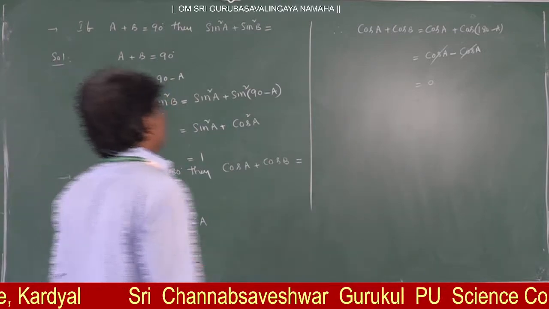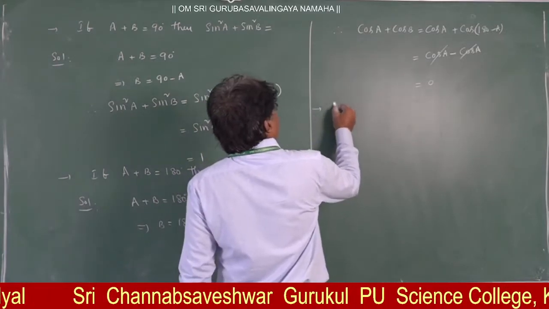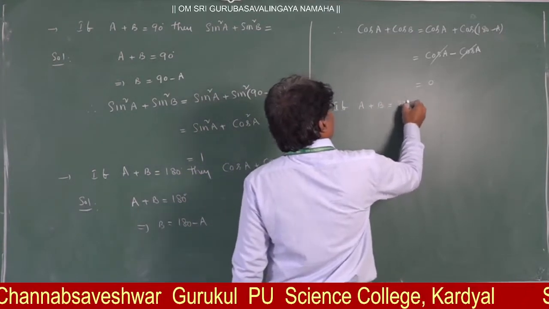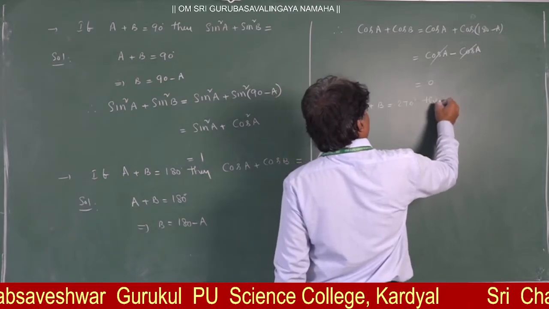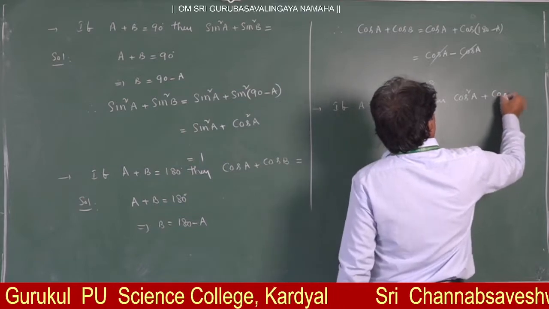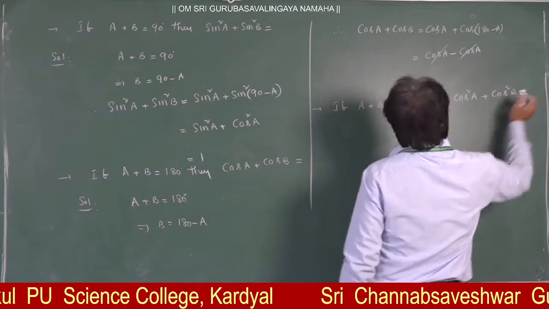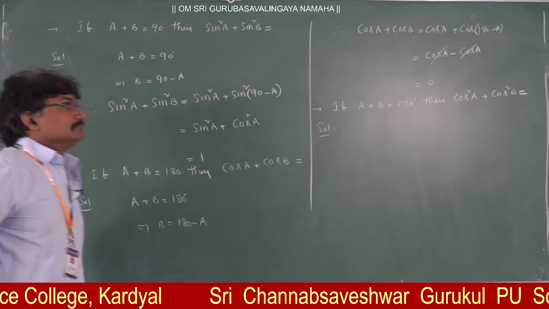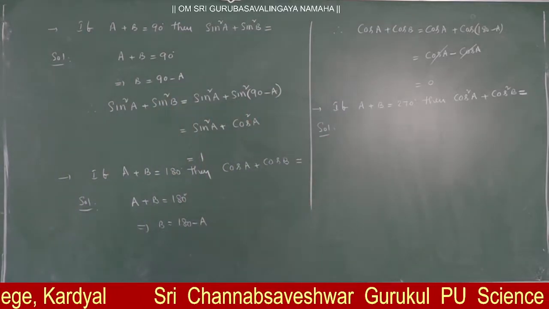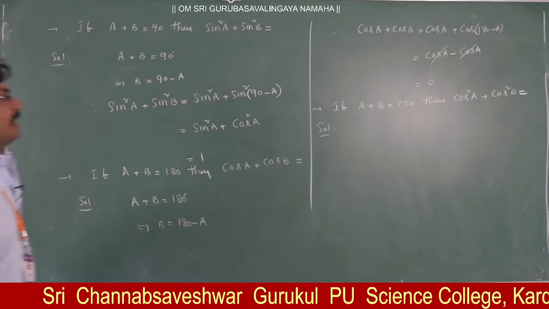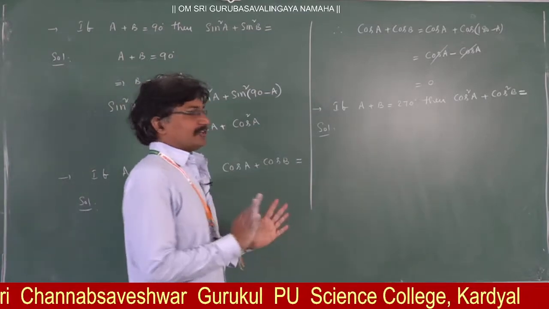Okay, next problem. If a plus b is equal to 270 degrees, then cos square a plus cos square b is equal to.